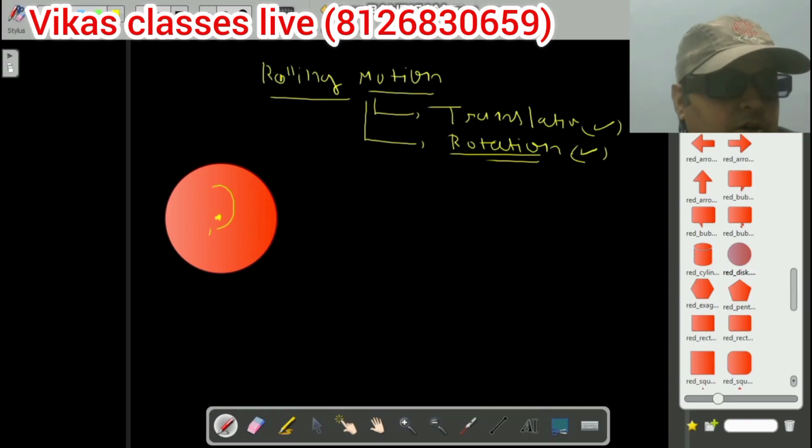Now it will rotate about the center O with angular velocity omega. Again we have certain points A, B and C on the circumference of the disc. If this disc is under pure rotation with angular velocity omega, then no doubt all particles on the circumference will also rotate.